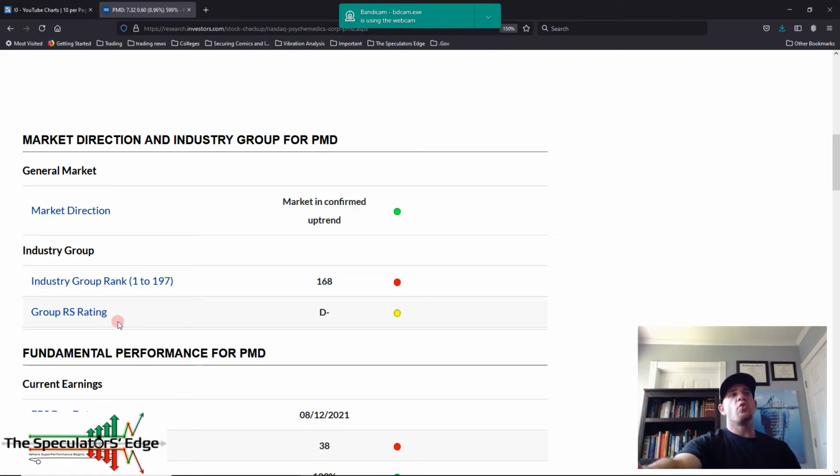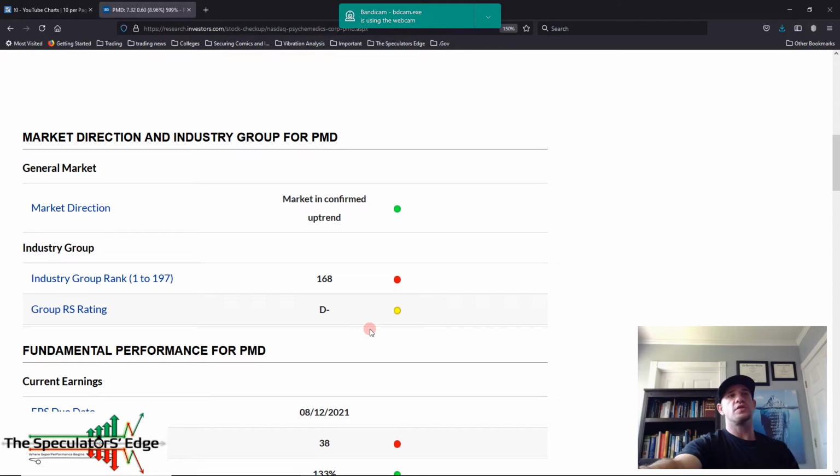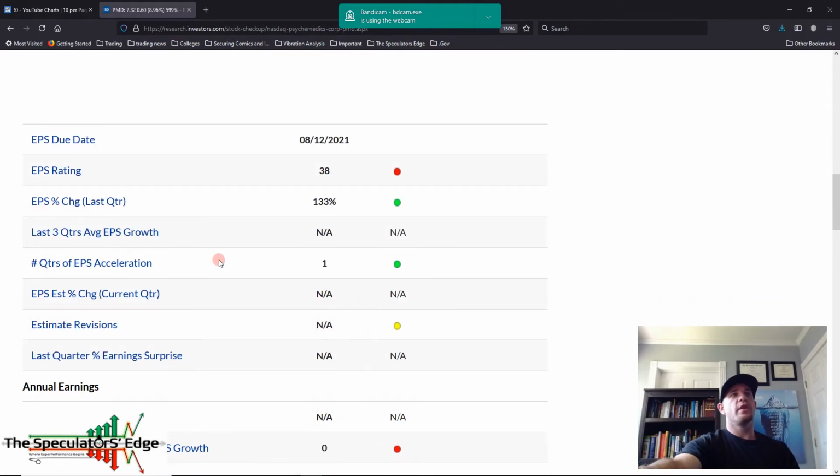And not only that, you want the group relative strength rating to be good as well, because that's telling you that compared to its other counterparts or other industries, there's actual strength within the industry itself. Okay, the earnings per share percent change last quarter was 133%, which is good.